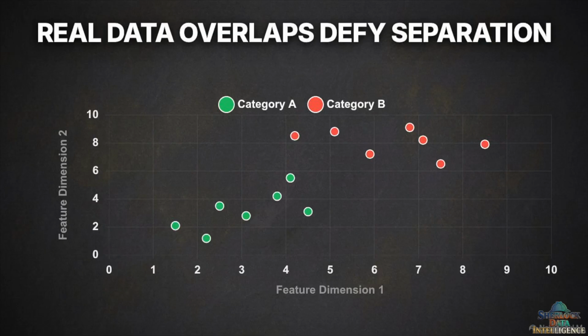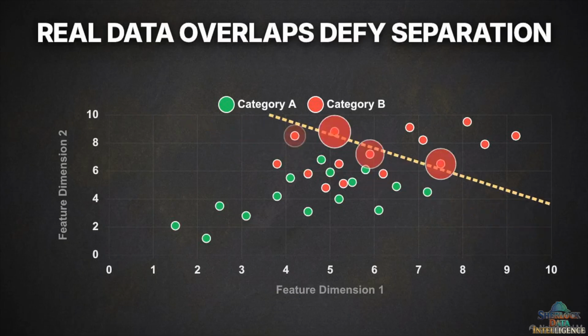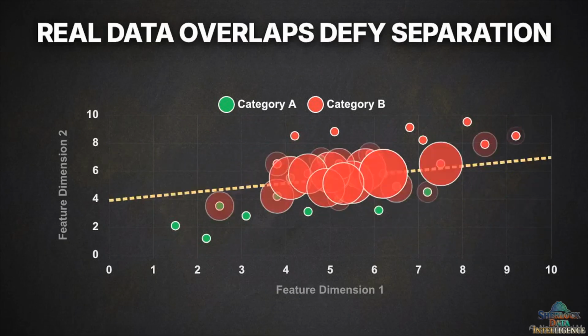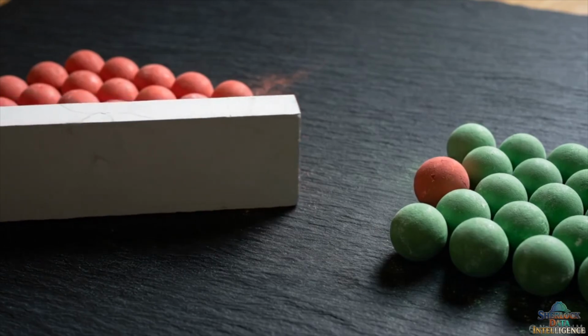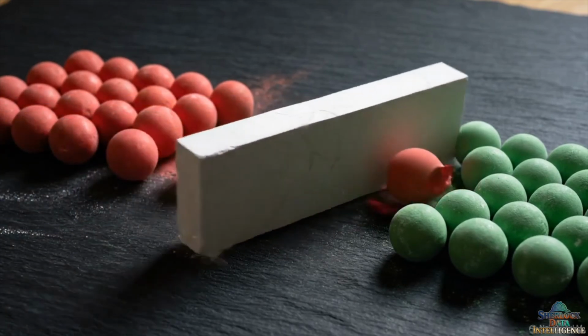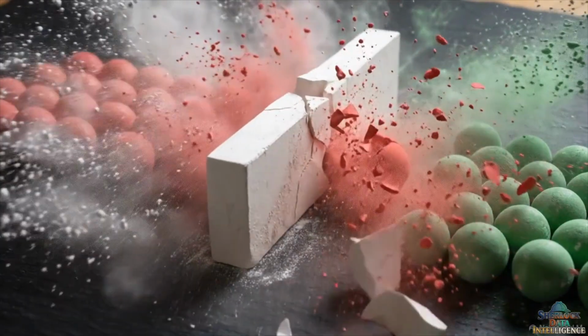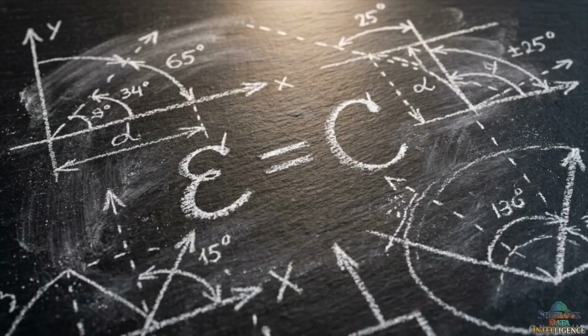In the real world, data often overlaps, making a perfectly clean gap impossible to find. If we force the boundary to remain perfectly rigid, a single outlier will drastically shrink the margin and ruin the model's ability to generalize. To solve this, we use a soft margin, a penalty parameter that allows the algorithm to negotiate with imperfect data.